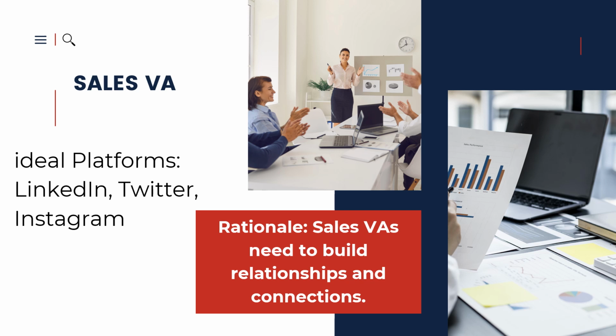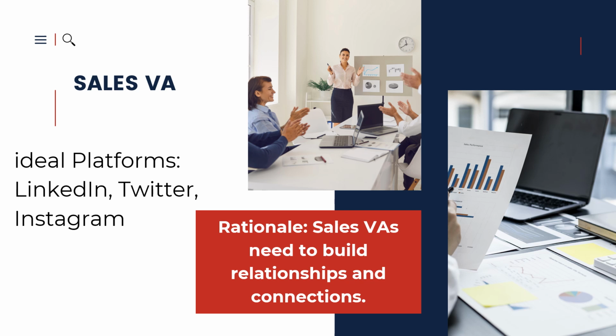If you have Twitter and Instagram but inactive, this is the time you need to be active on these platforms as well. The reason is sales VAs need to build relationships and connections. Because your goal as a sales VA is to attract more customers to the business. So LinkedIn is a prime platform for professional networking, as I mentioned most of the time.